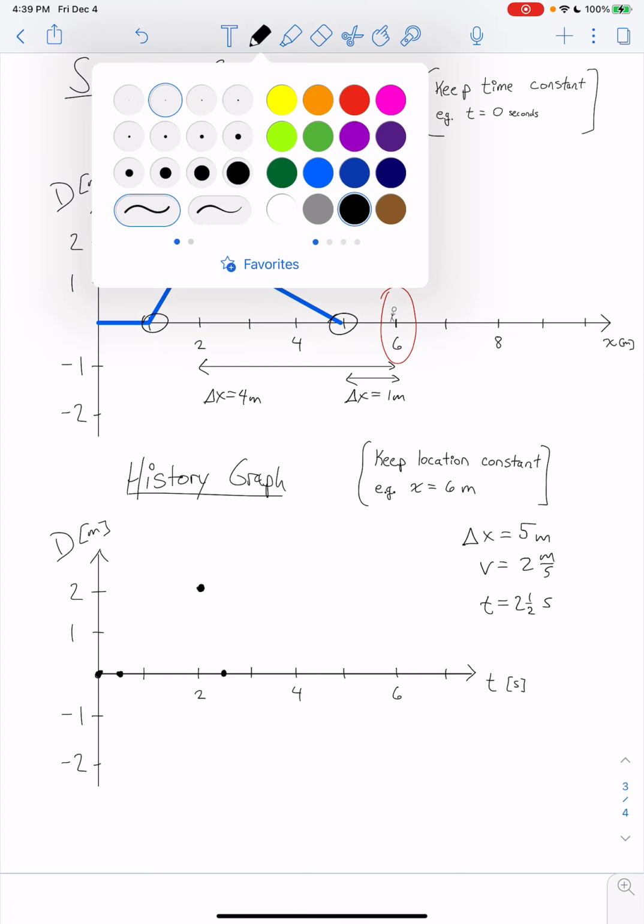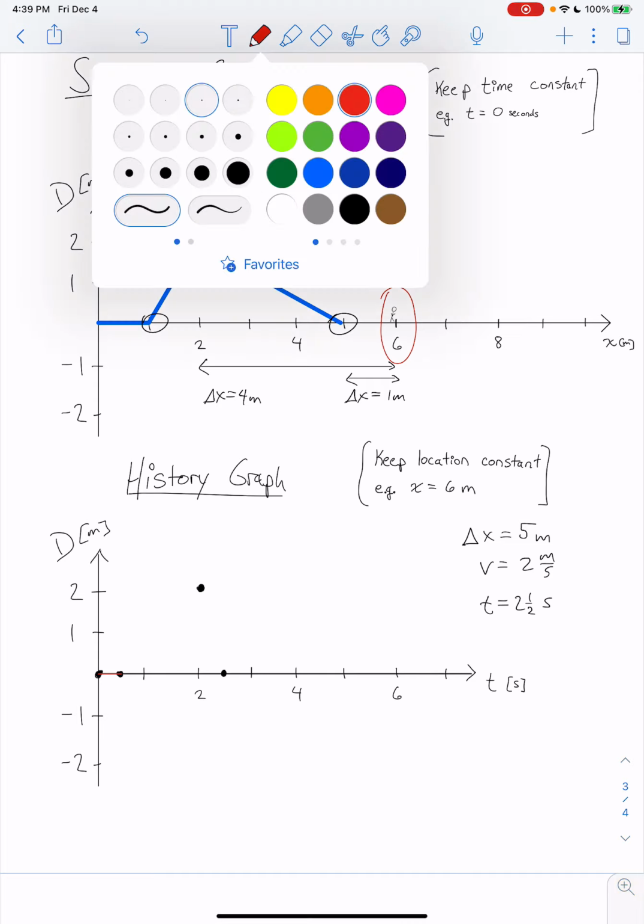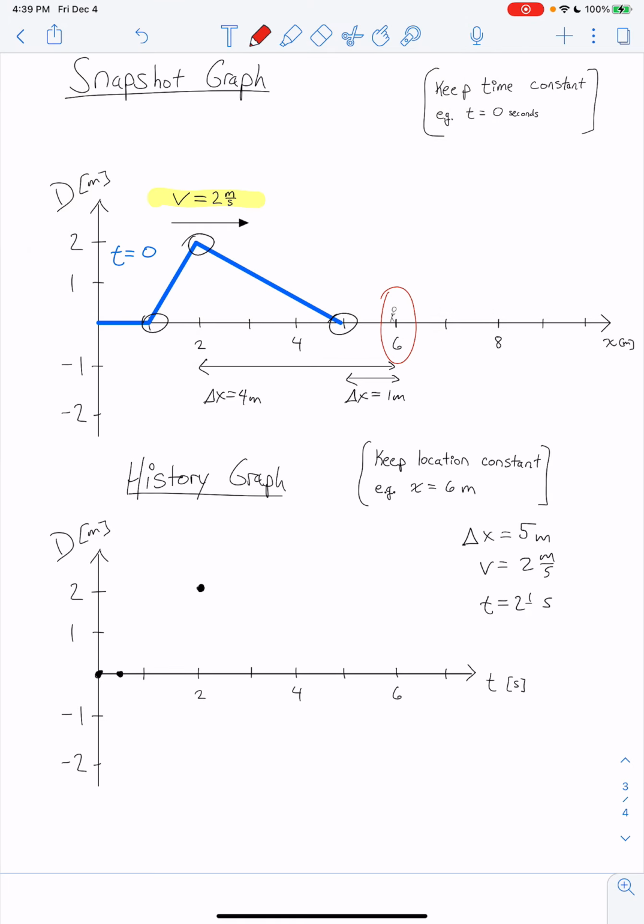Let's then draw this shape out, and we'll go a little thicker.